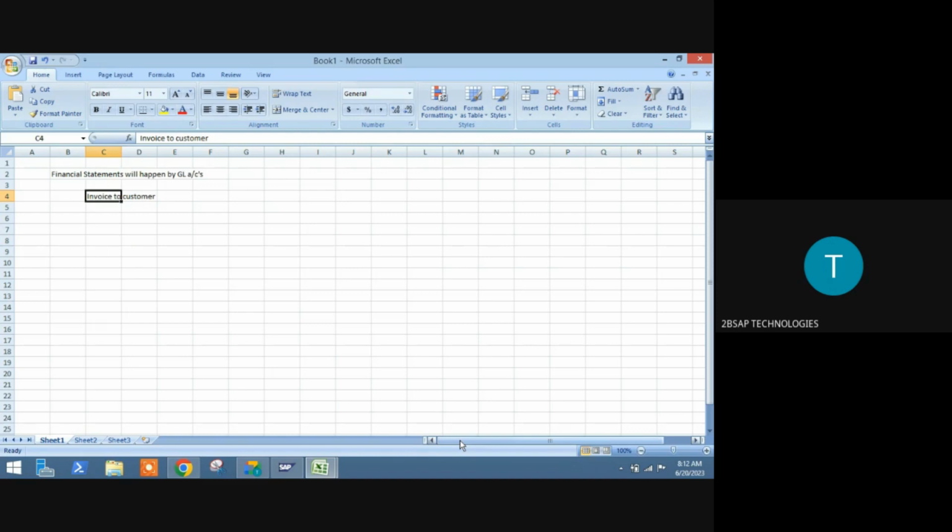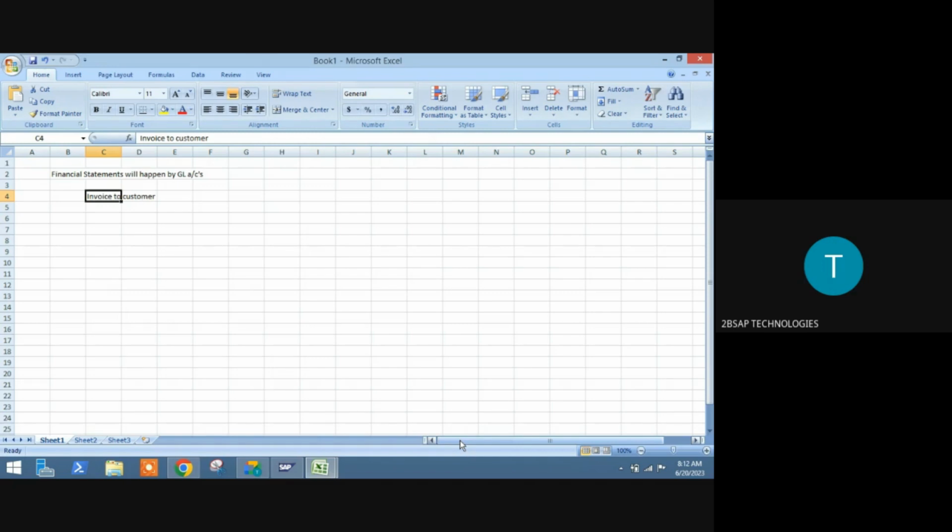So that is why you are able to generate your reports with respect to customer also. Clear, sir? Now, you are doing a transaction against your customer. How is this value going to update to your general ledger?